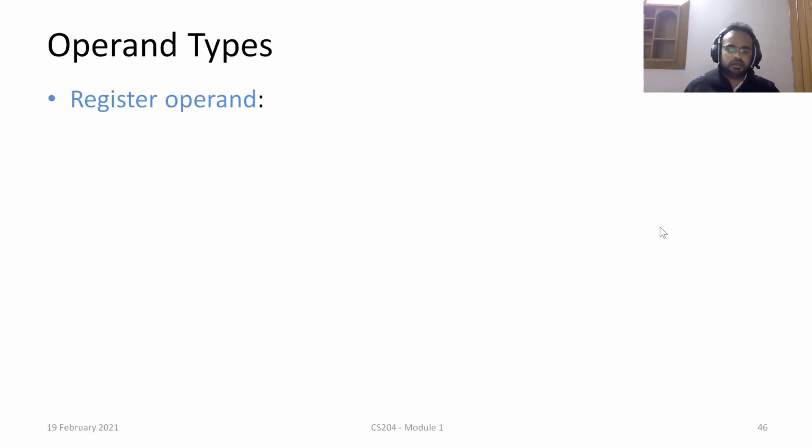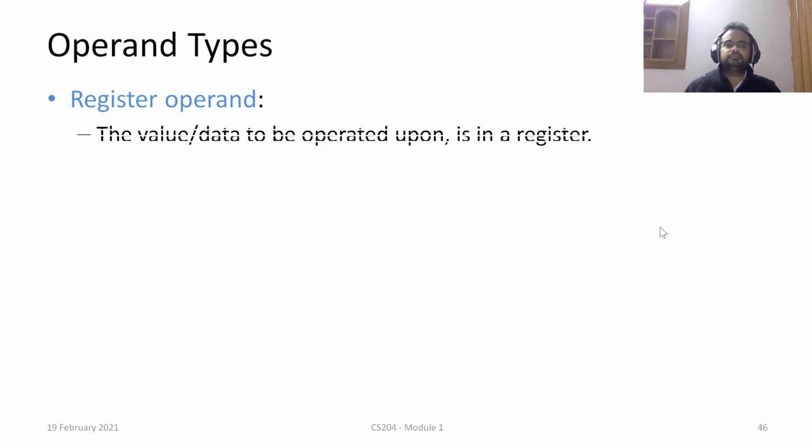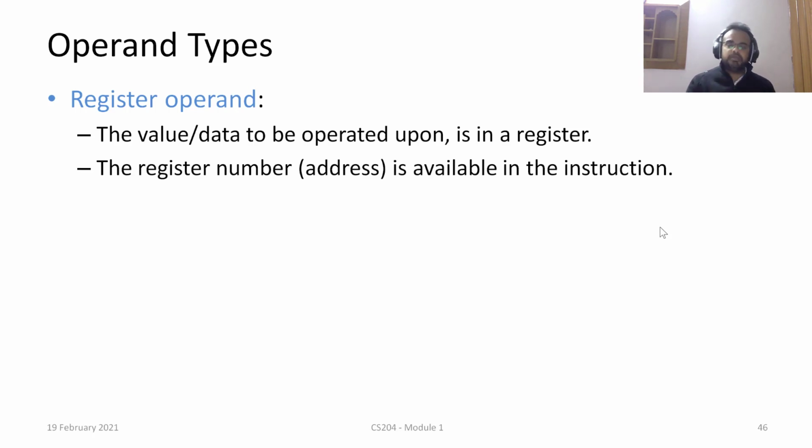The very common operand would be the register operand, right? RISC type architectures are heavily built on this. The value or the data that we want to operate on will be available in a register, and the register number, or you can say the register's address, is encoded into the instruction when we are converting from the assembly code to the machine code, right?